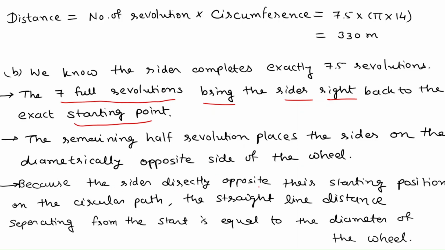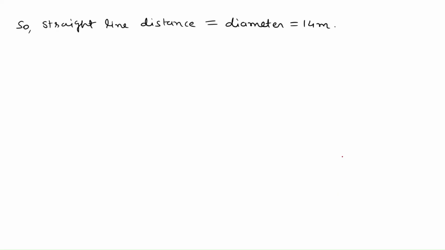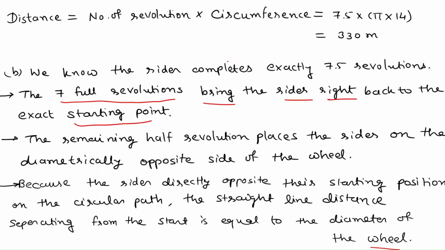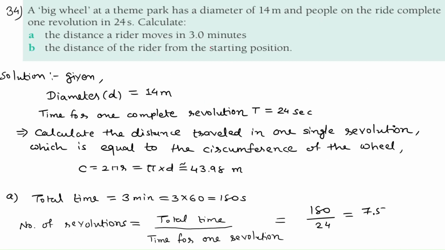Because the rider is directly opposite their starting position on the circular path, the straight line distance separating it from the start is equal to the diameter of the wheel. So the straight line distance is the diameter, 14 meter. So our answer is 14 meter.